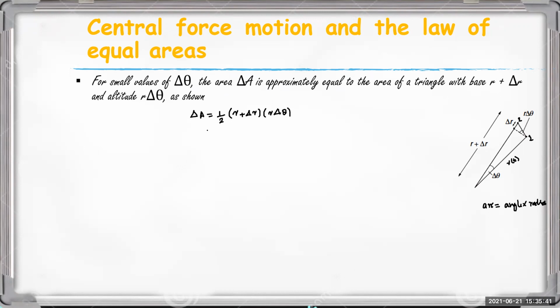When we multiply it, the first term is 1 by 2 R square delta theta plus 1 by 2 R delta R delta theta.